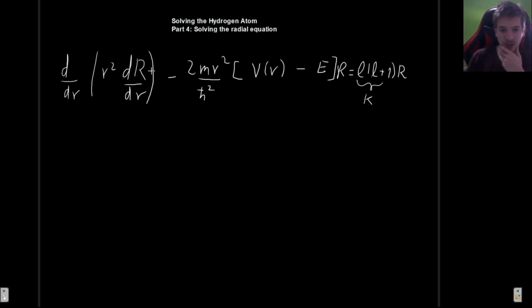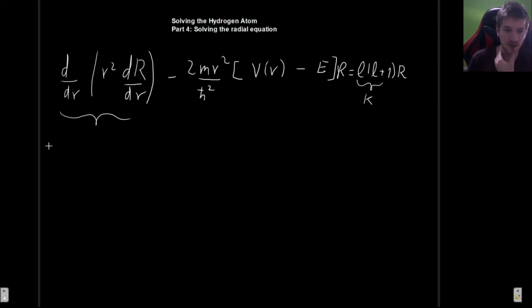Okay, so how can we solve this equation? Well, first, let's take a look at it. We have this derivative on things that depend on r. So the first thing you might try is, what happens if we just take this derivative? Let's just do that to see if there's something that looks better.